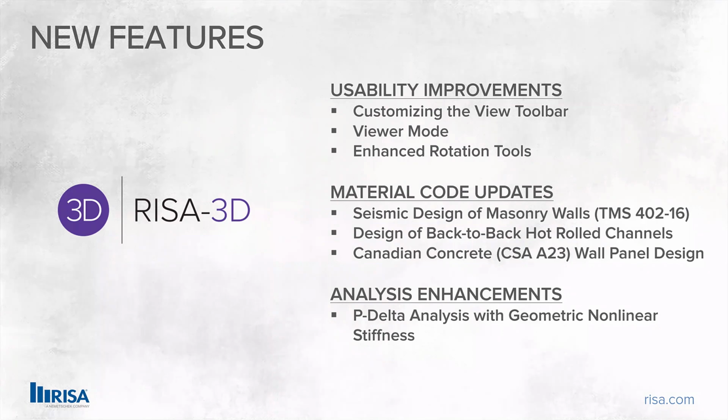The other big enhancement in RISA 3D is new updates to P-delta analysis including geometric nonlinear stiffness. We've written an article about this, and I encourage you to check that out. We're not going to go into it in great detail today, but it gives you some better benefits when you have to look at P little delta.